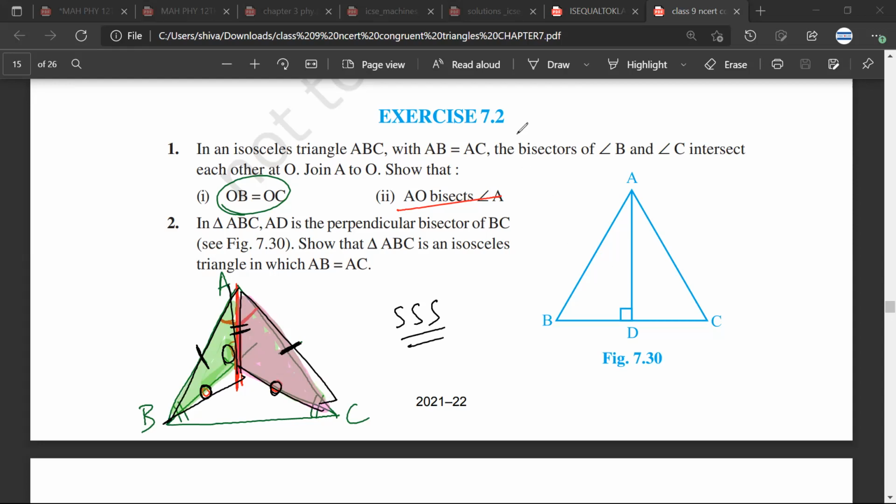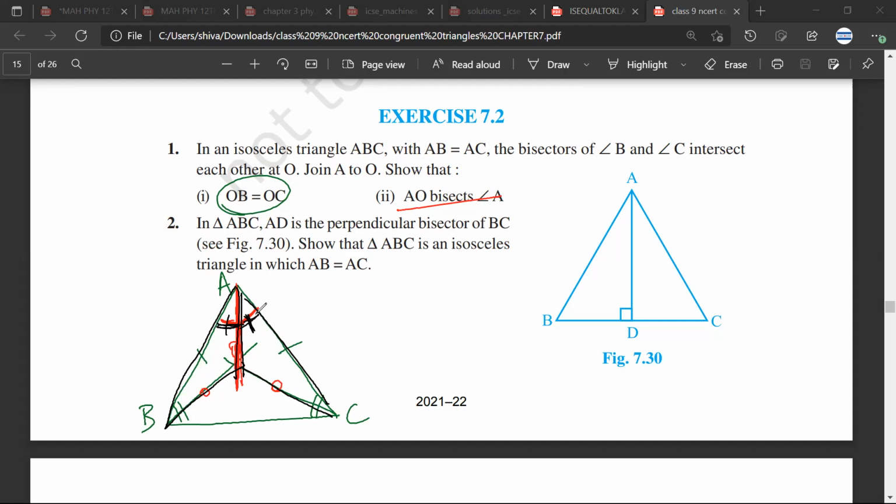And therefore, because they are congruent, now what I can say is that because this triangle and this triangle are congruent, this angle would be equal to this angle. Sarthak, have you understood? Yes, sir.